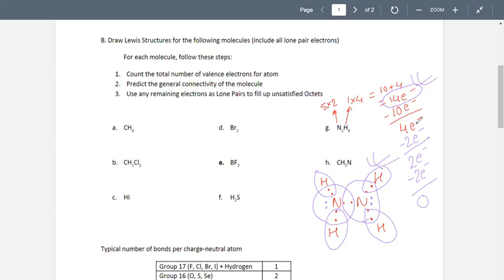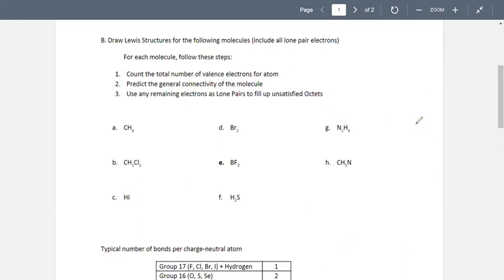So I'm going to erase this, and let's do the other one, CH2Cl2. So this is the one, CH2Cl2. So carbon, how many valence electrons are there in carbon? 4.